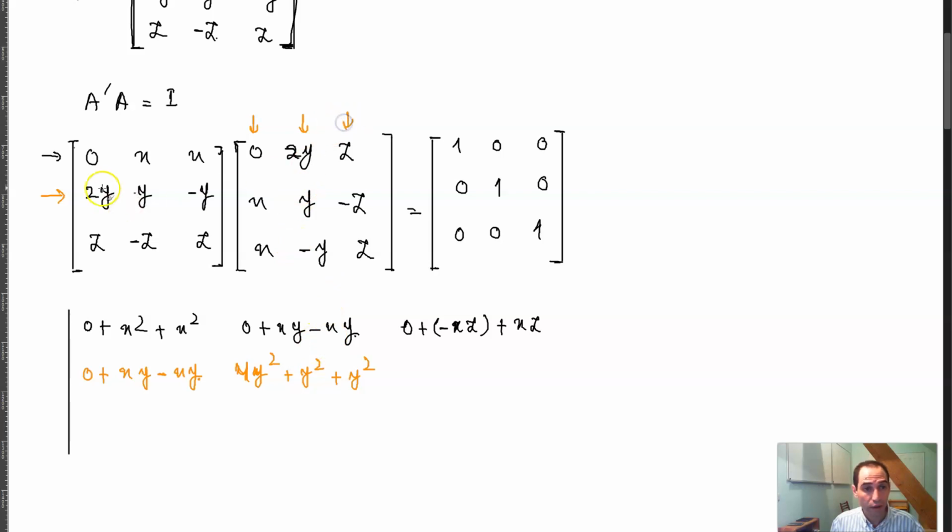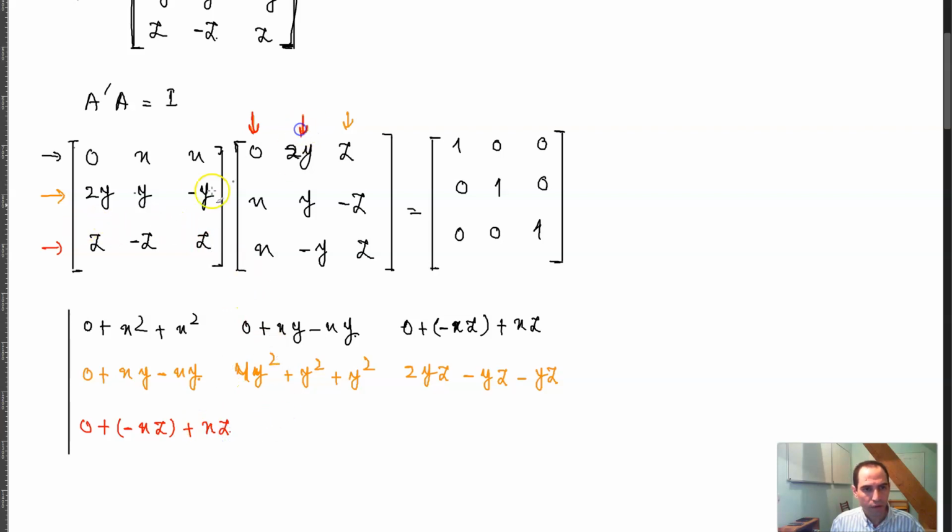And then this row times this column, you have 2yz, negative yz, and negative yz. And then this row times this column, you have 0 plus negative xz plus positive xz.